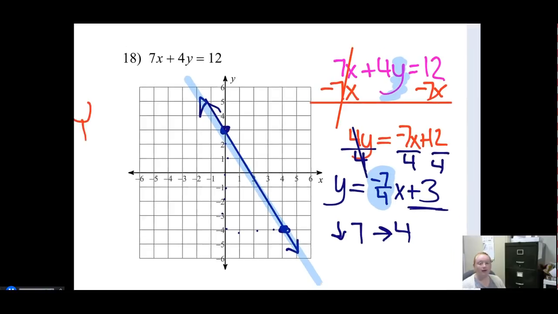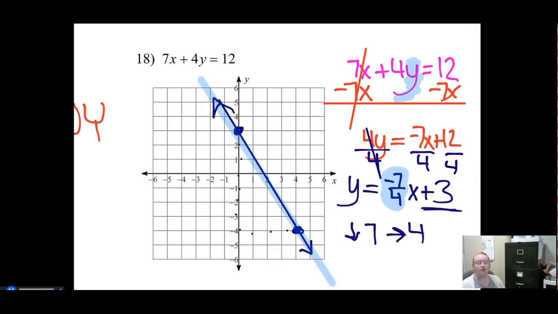So to recap, when I see this, I don't get scared. I ask myself, what do I have to do to graph that? I know that it has to be in y equals mx plus b form, which means that I must solve for y. So to solve for y, I'm going to subtract from both sides to get it so that just the y area is by itself.